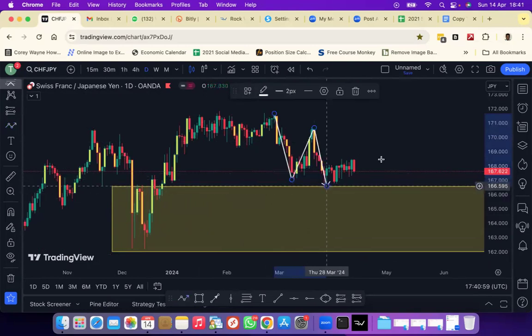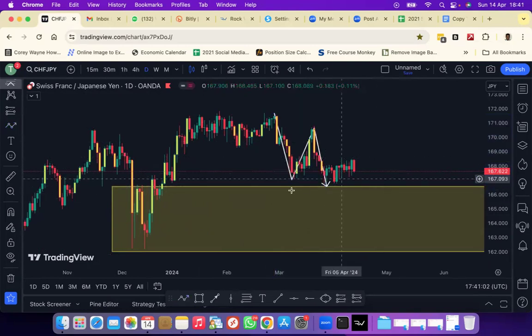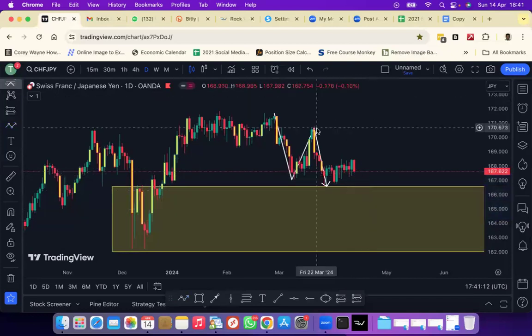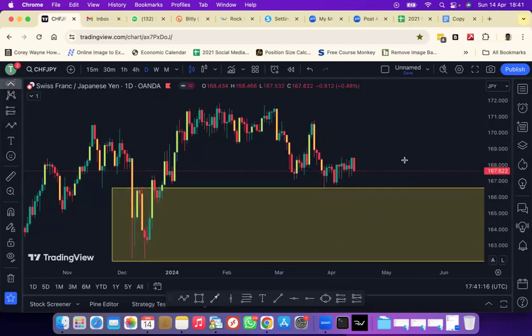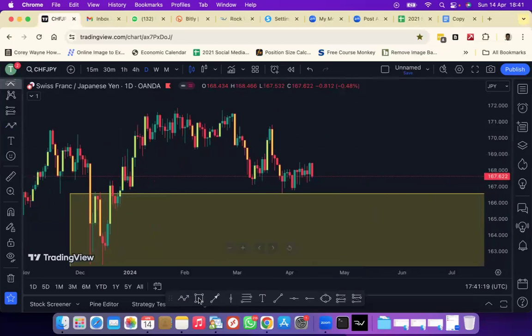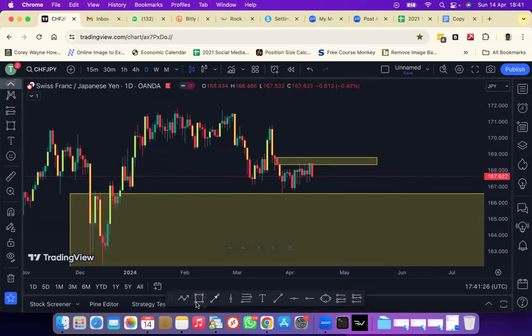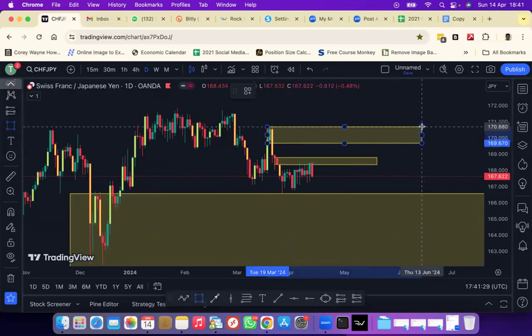What it means is that possibly, overall, CHFJPY still wants to go all the way down. Now, in a bearish market, you are looking for supply zones to trade from. So this is a supply zone that the market has been reacting from. This is another supply zone here at the top, like so.